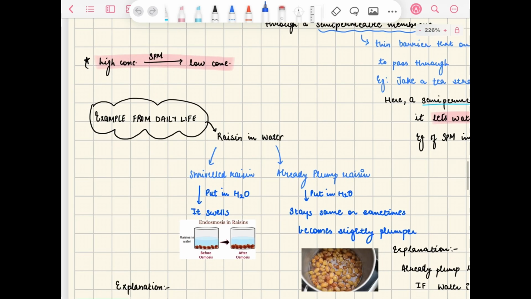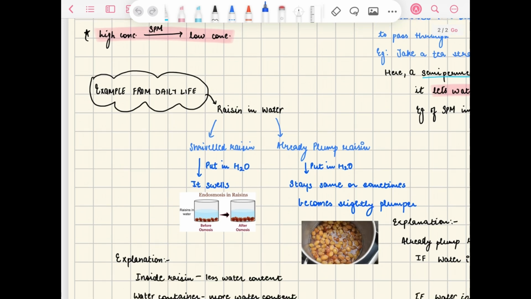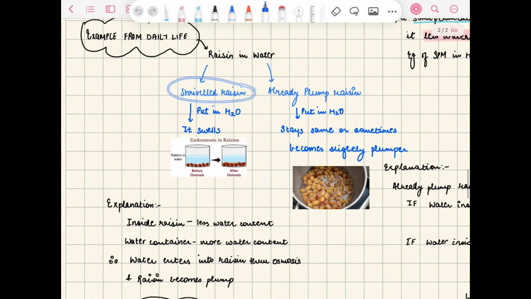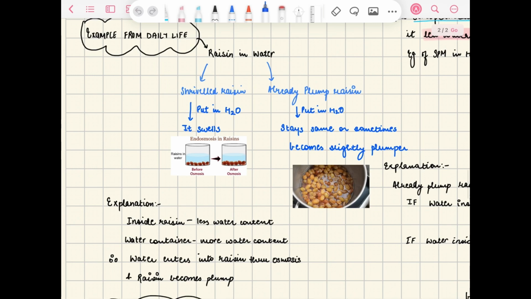So here we know osmosis is movement from high concentration to low concentration with the help of a semi-permeable membrane. Now if we take an example from our daily life, we all know what a raisin is. If we take a shriveled raisin and put it in water, what happens? It swells. Why?